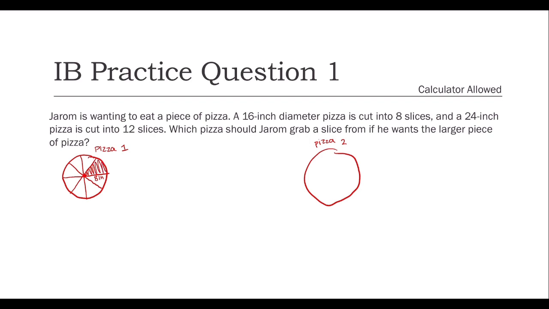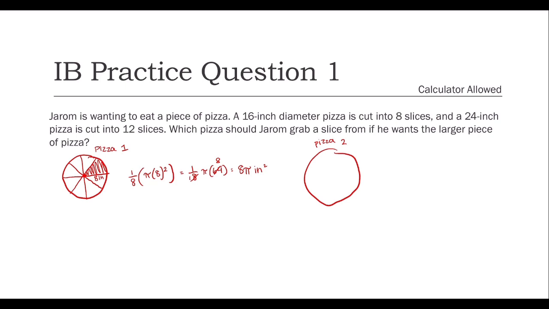So if we think about our proportion, we have 1/8 of a pizza times our area. So pi r squared. So 8 squared. So that's 1/8 times pi times 64. 64 and 8 simplify to 1 and 8. So this is 8 pi inches squared.